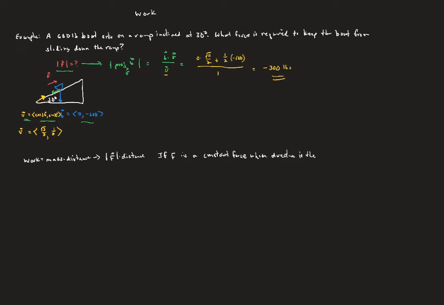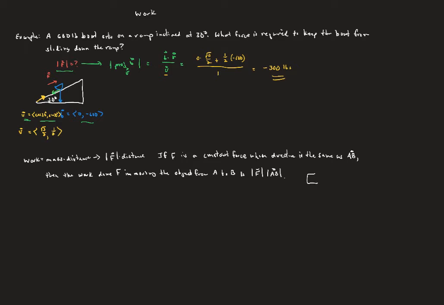Then the work done by our force F in moving the object from A to B is going to be the magnitude of that force vector times the magnitude of AB, that distance.